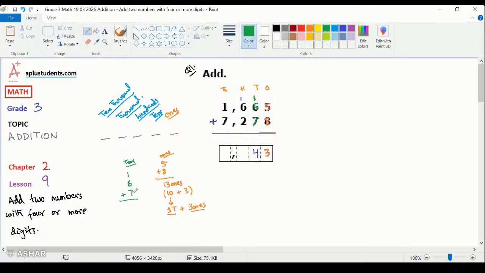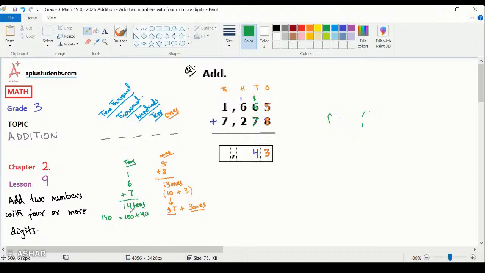When we add these numbers, we get 14 tens. 14 tens can be written as 100 plus 40, agreed?